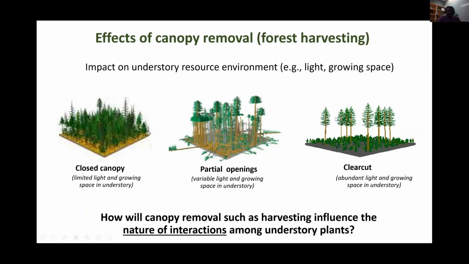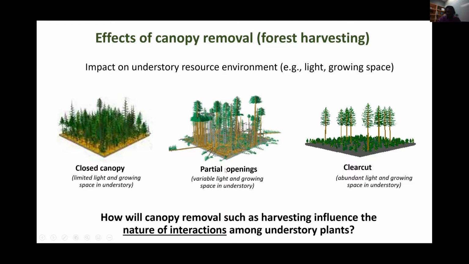And we can also throw in another factor. We can look at a forest ecosystem or a forest stand which has a closed canopy. So closed canopy conditions impose resource limitations in the understory. So light here might be limiting or very scanty in the understory compared to open canopy conditions.